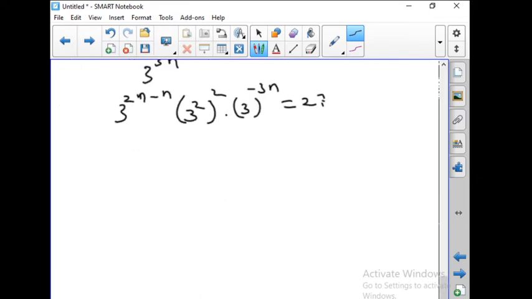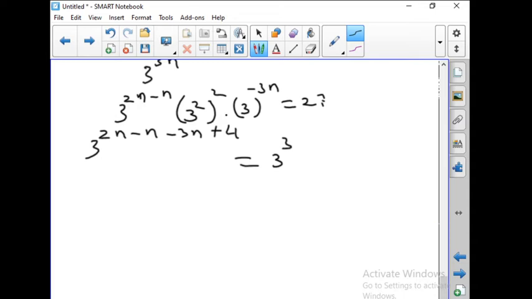So what is this now? 3 power 2n minus n minus 3n, and 3 square the whole square is 3 power 4. So plus 4 is equal to 27, which is actually 3 cube.